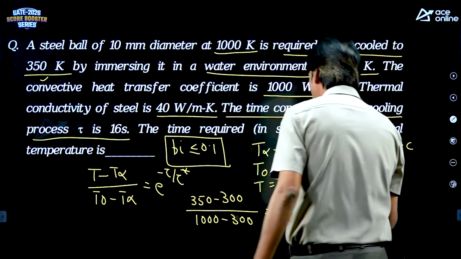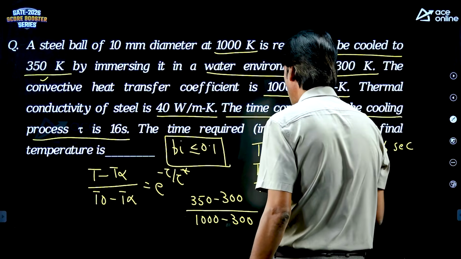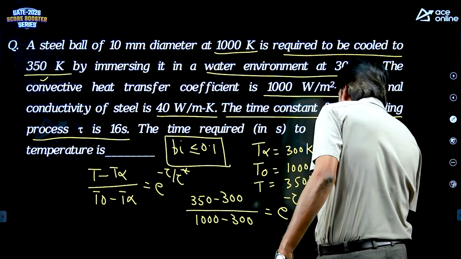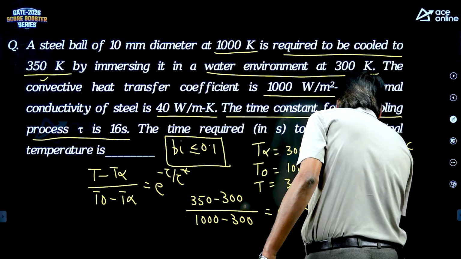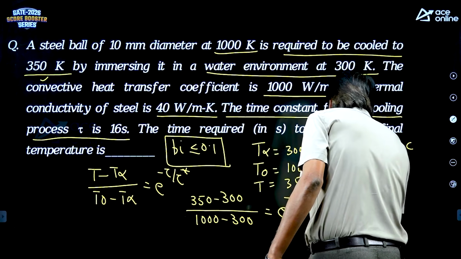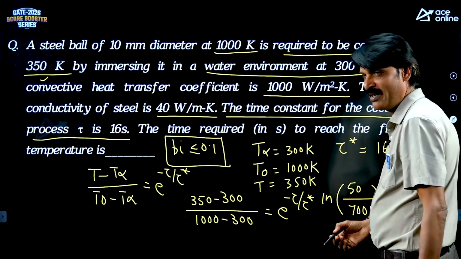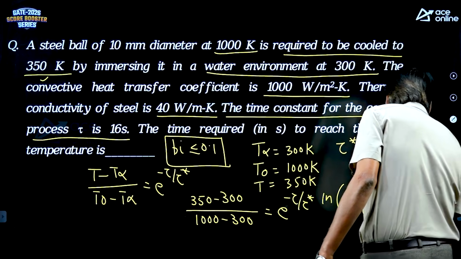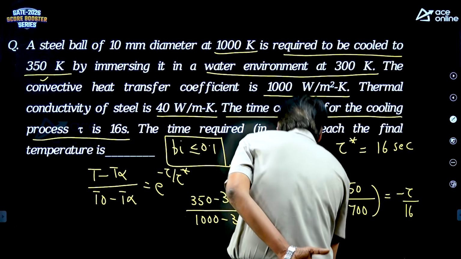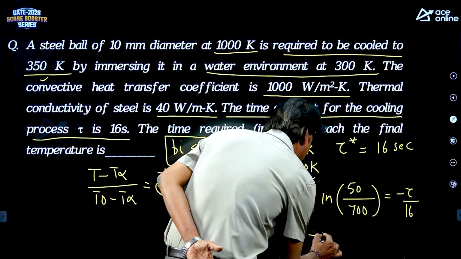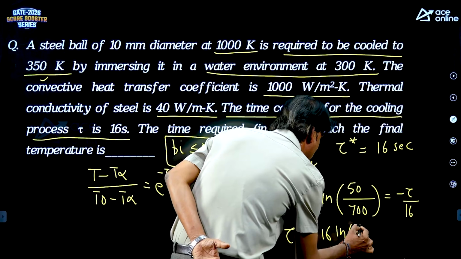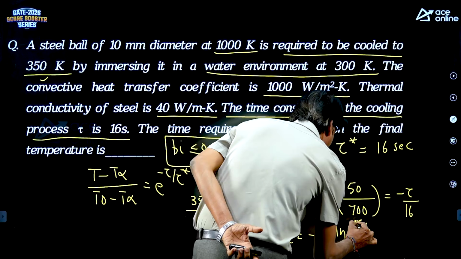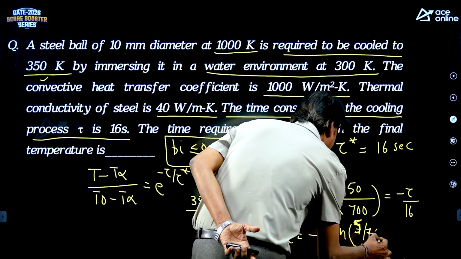So, this is 50 divided by 700. I am taking logarithm. Logarithm of 5 by 70 is negative. This is minus tau by 16. So, your time should be equal to minus 16 log 5 by 70.